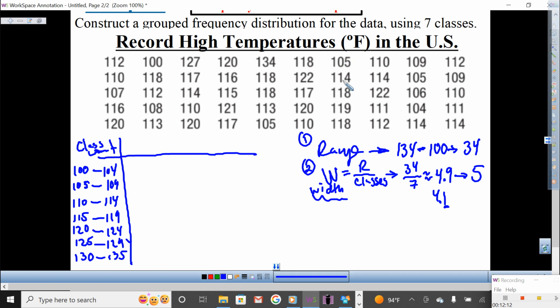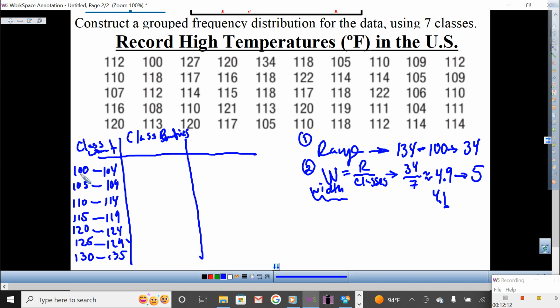Yes. So in data, this raw data, once we convert it by classes, the next one is known as class boundaries. Class boundaries. And how do we get that? Well, we subtract and we add half to each limit.